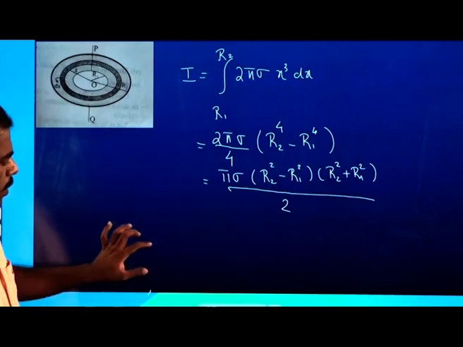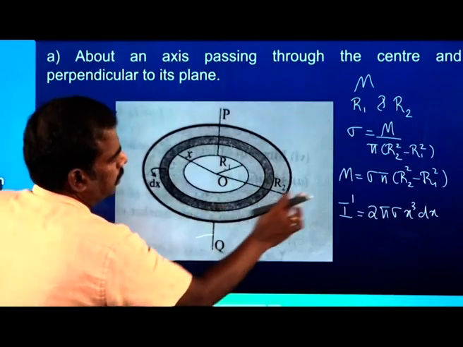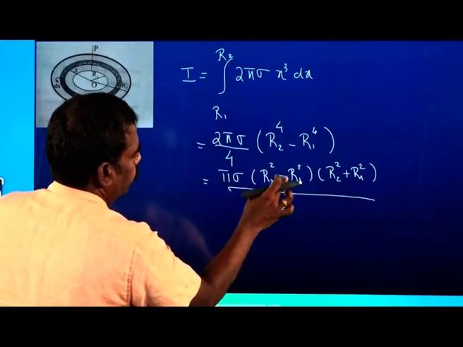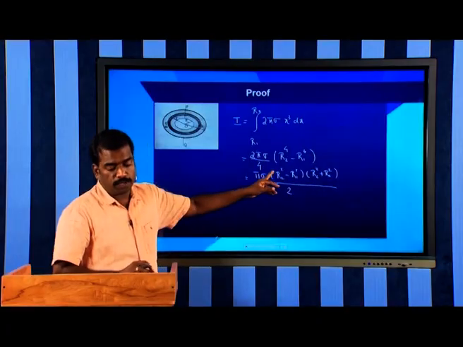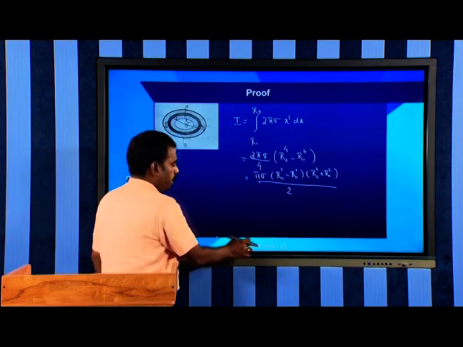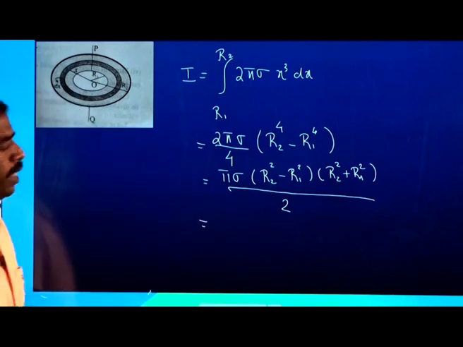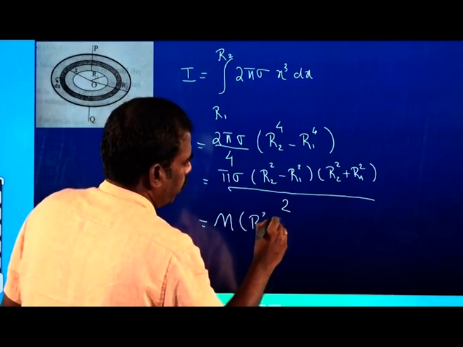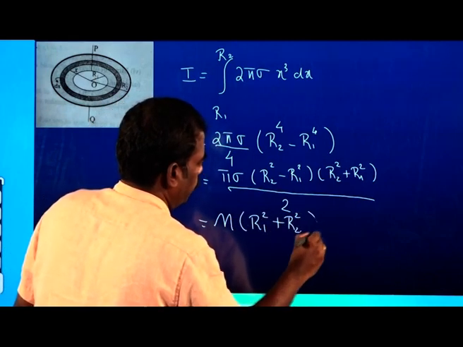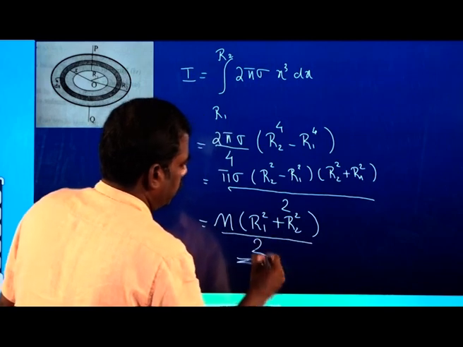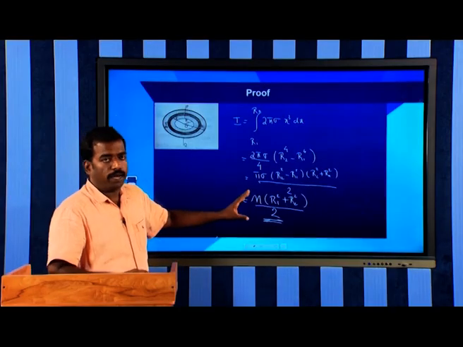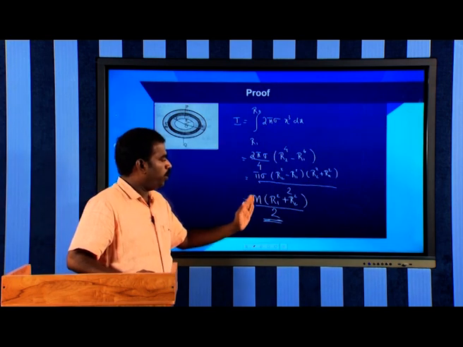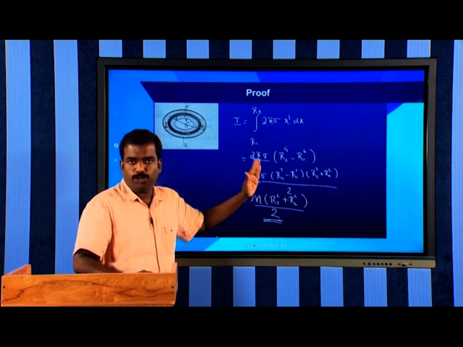And sigma pi (r2 square minus r1 square) is nothing but the total mass of the annular disc. So the answer is: the moment of inertia is M into (r1 square plus r2 square) by 2. This is the moment of inertia of the annular disc about an axis passing through its center and perpendicular to its plane.